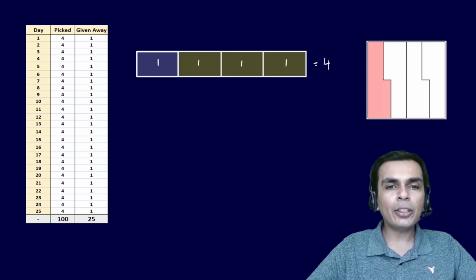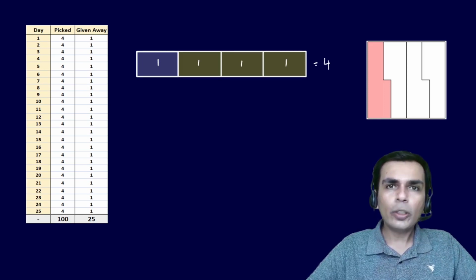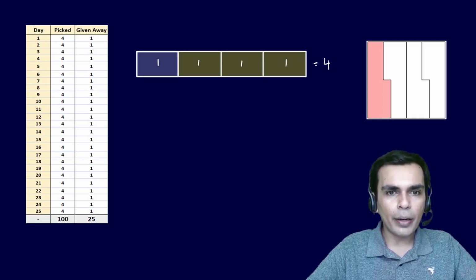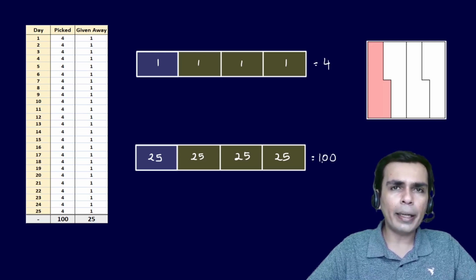So now let's imagine that we have this rectangle here and we have 4 parts out of it. 1 is given. So this will not change even if it's out of 100. If this is 100, and from this rectangle 25, 25, 25, 25 for each, out of that 1 is given.